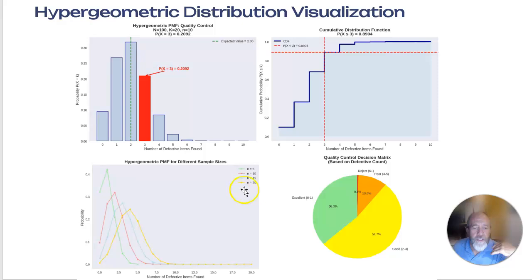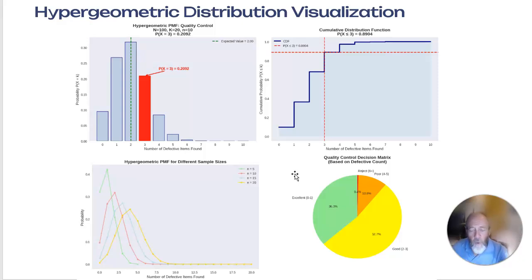And you can also now look at a quality control decision matrix, which basically says we're going to define good, bad, poor, reject, excellent, and we're going to look at what number of values that you pull in the hypergeometric distribution give you each of those values.